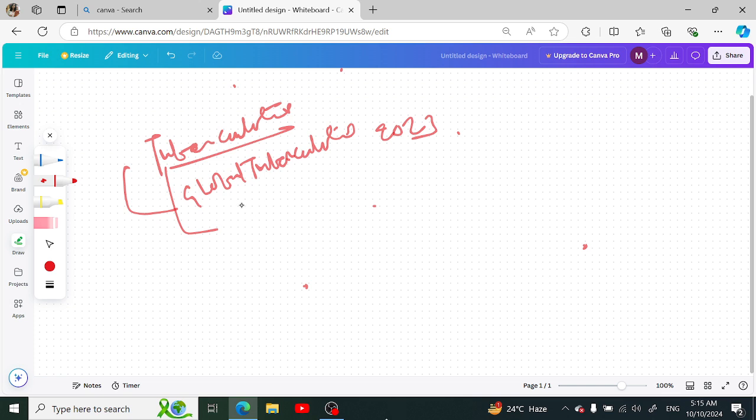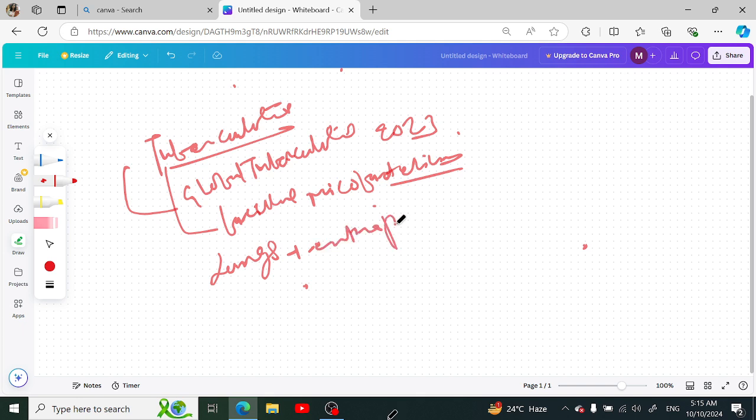It is caused by Mycobacterium, and it affects the lungs, plus extrapulmonary TB. So there is gastrointestinal TB, skeletal TB, and liver TB.